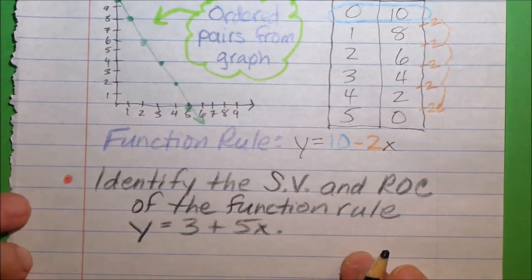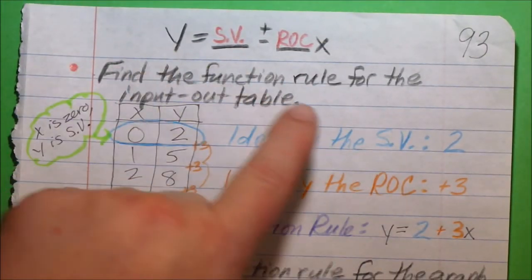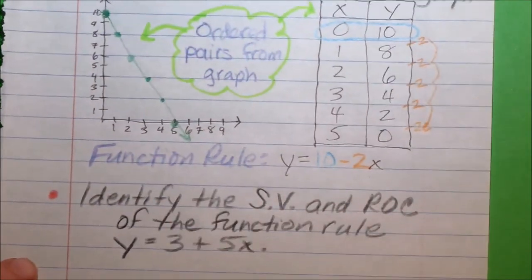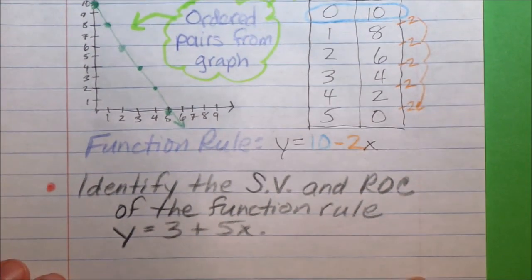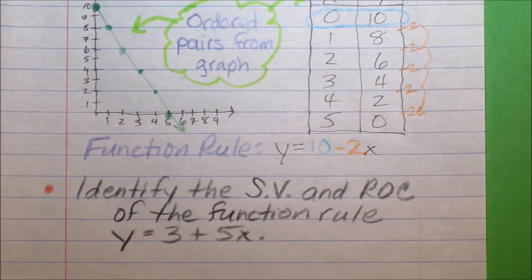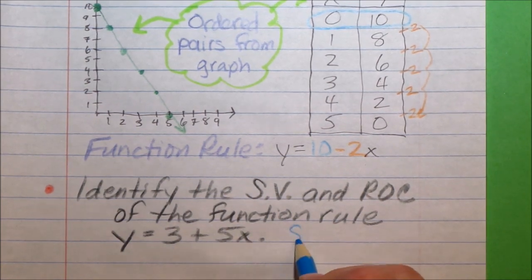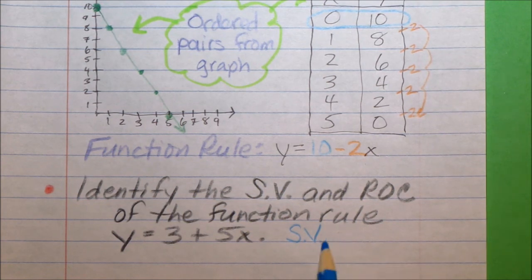Okay? All right, so again, refer to the top of your page on how we set up a function rule, right? And then you should be able to identify this, all right? So in this particular function rule, what part of it is your start value? It's this right here, correct? So the start value for this one is going to be 3, right? Your rate of change is the number that is with the x.